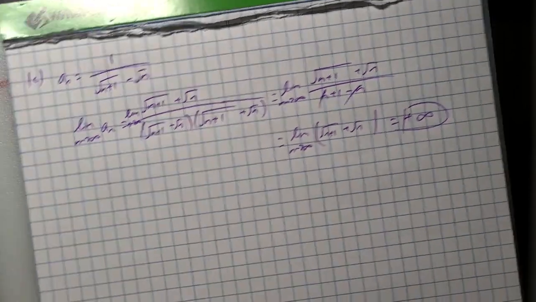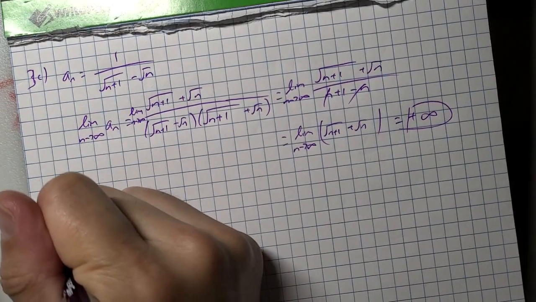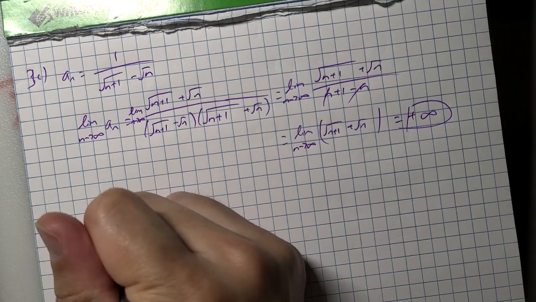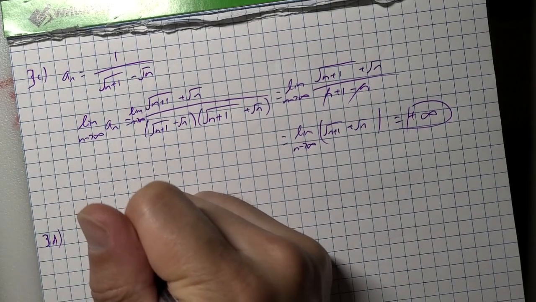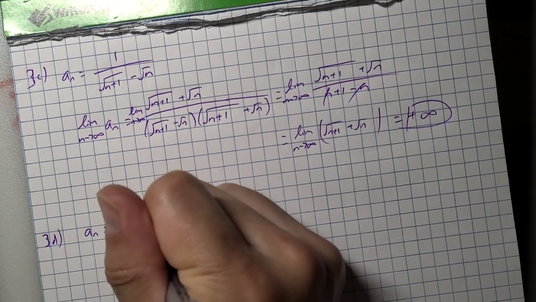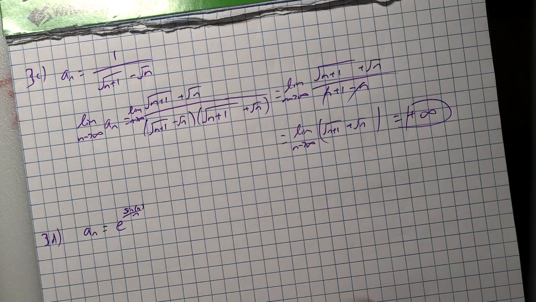Okay, so next one, not 1, we're on 3, right? 3d, we have a sub n is e to the sine n over n. So how do we solve this?